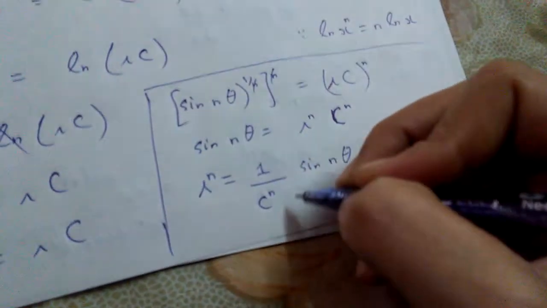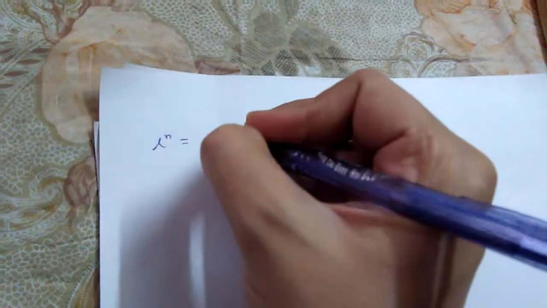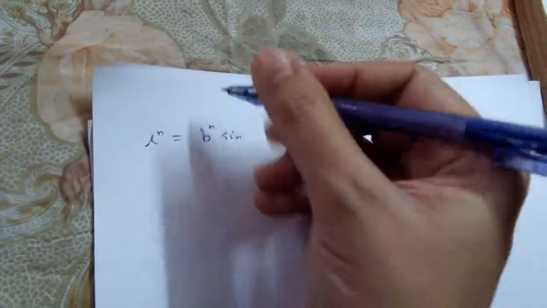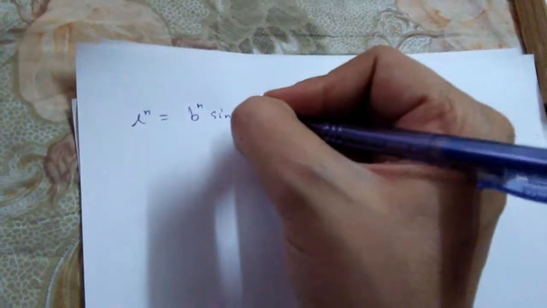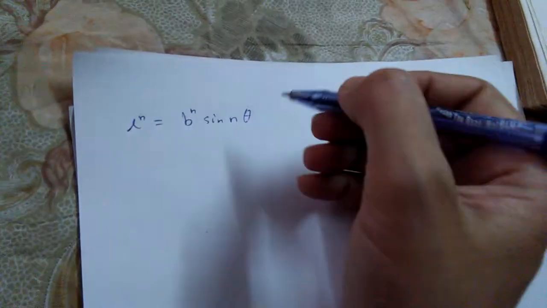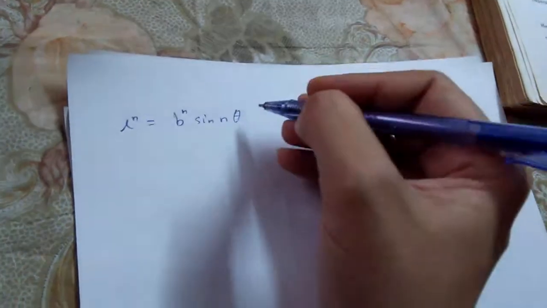So you can represent this constant thing by another constant value. Like 1 upon c power n, I can represent it with another constant value, just to beautify my values, and that's it.